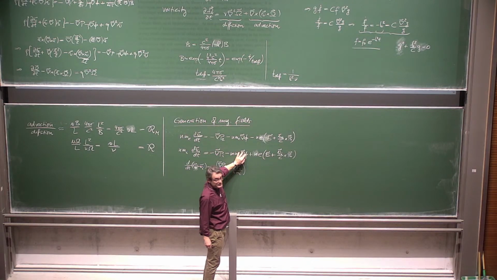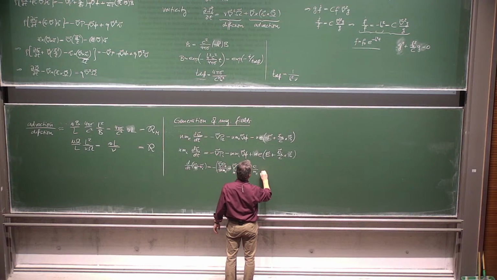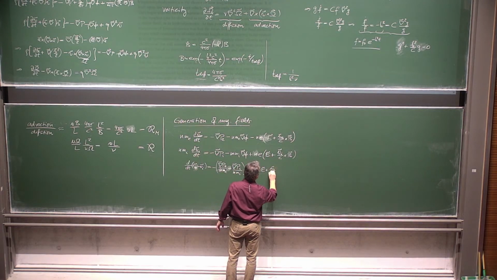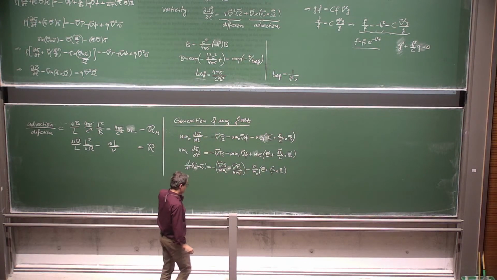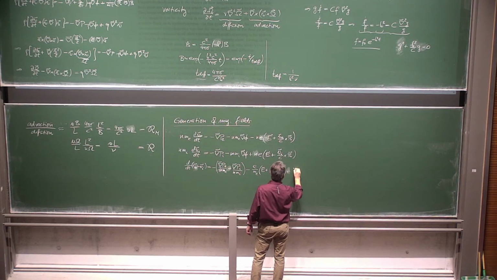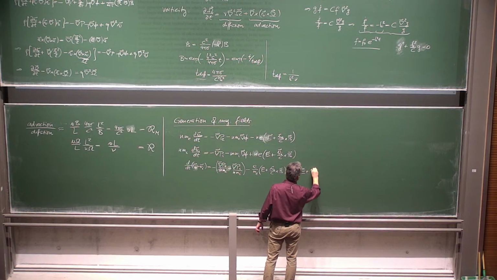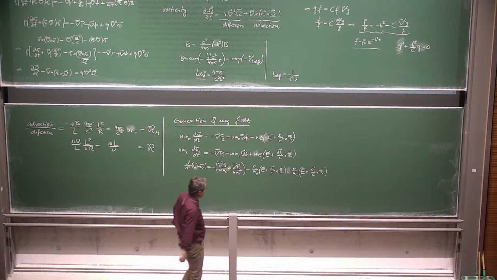The gravitational force will not distinguish between them. And then I will get e divided by m_e times Lorentz force. I'm going to subtract this, so minus e divided by m_i, E plus, okay.